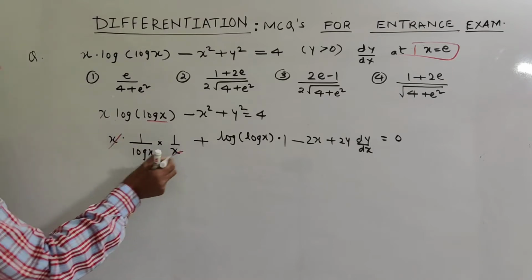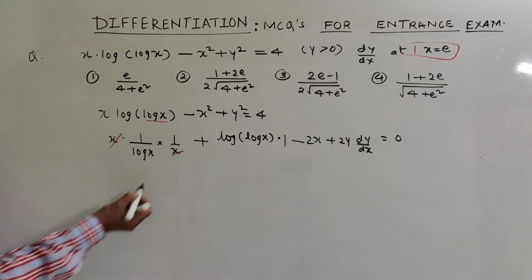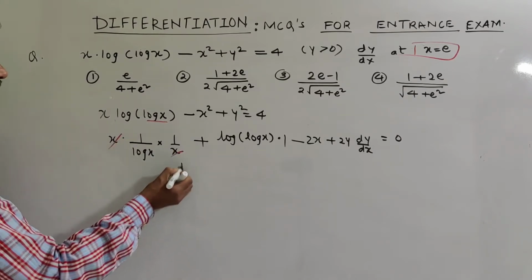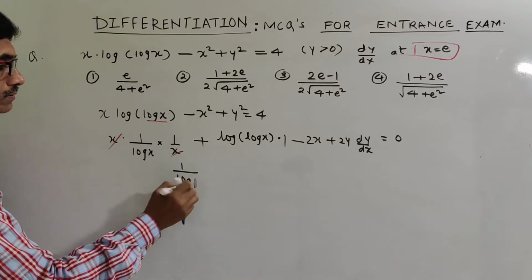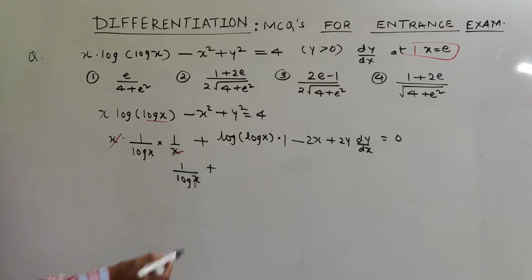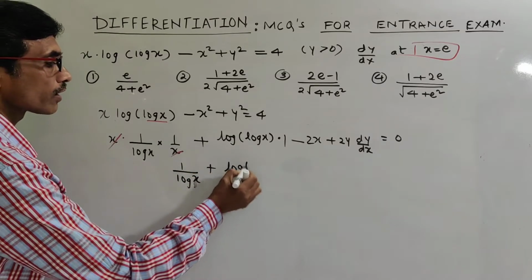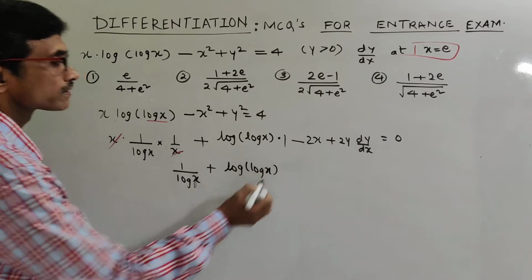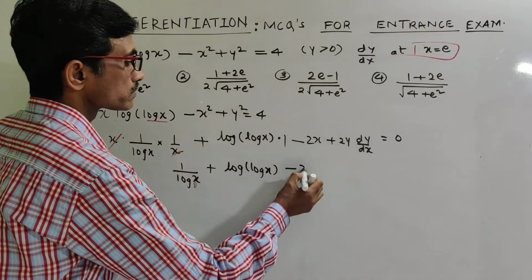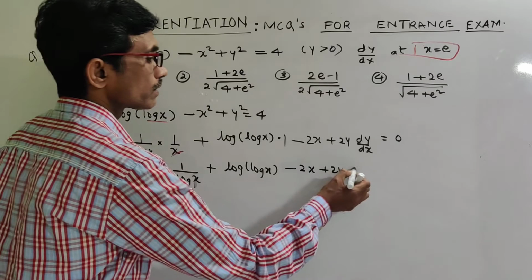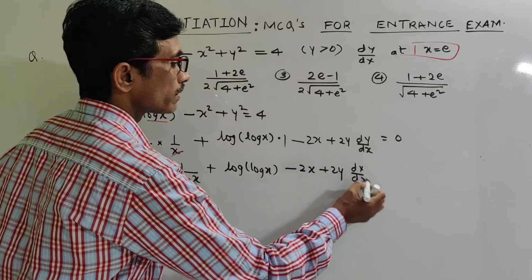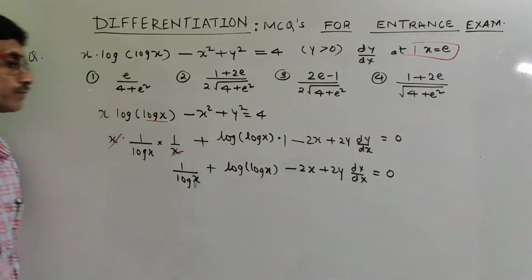Now this x is getting cancelled and it is 1 upon log x plus log of log x minus 2x plus 2y into dy by dx is equal to 0.